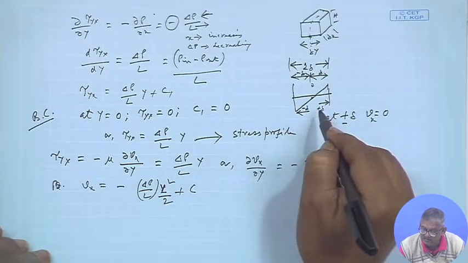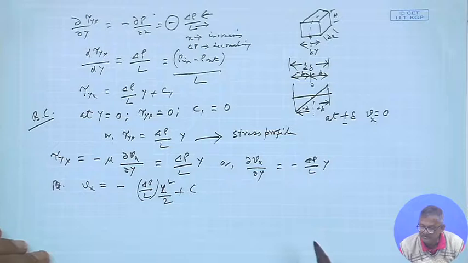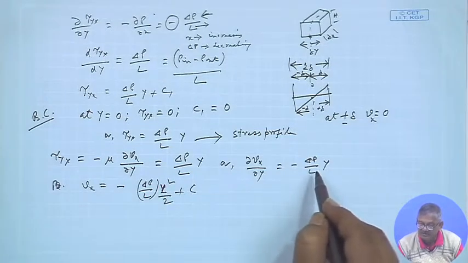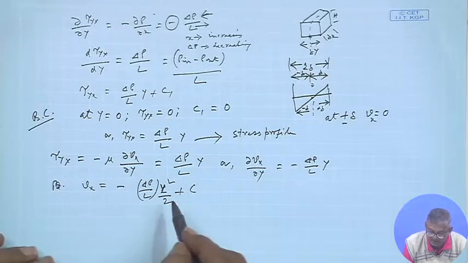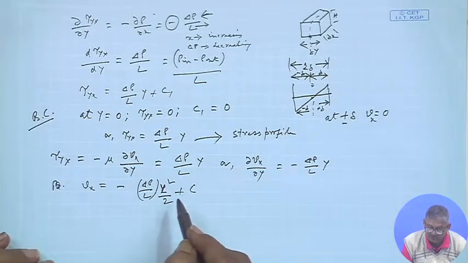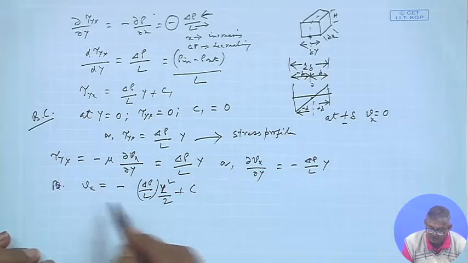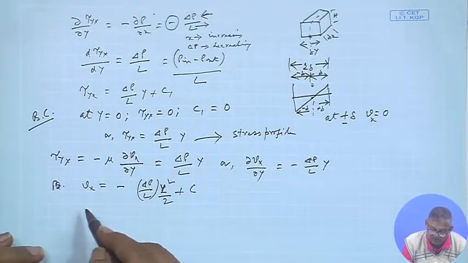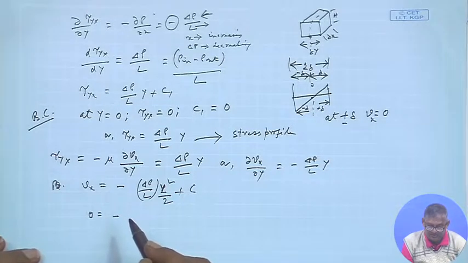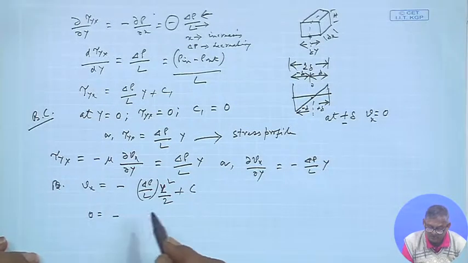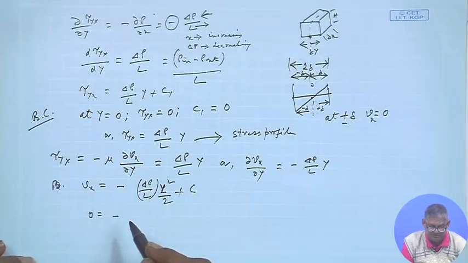So at plus minus del, v x is 0. So we can write 0 is equal to minus, say plus minus del we have taken.